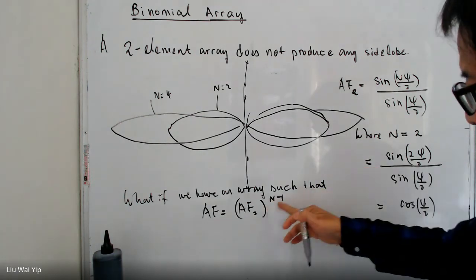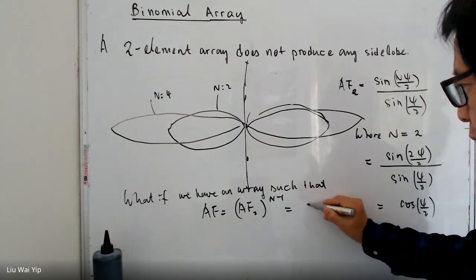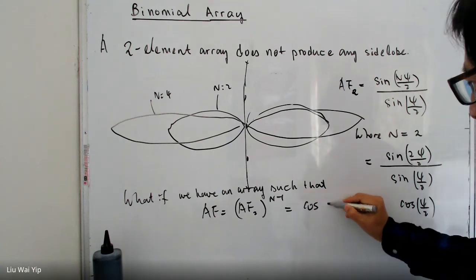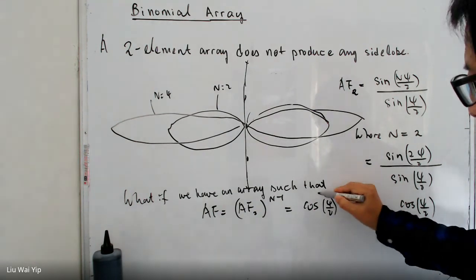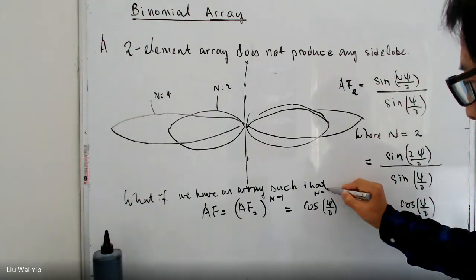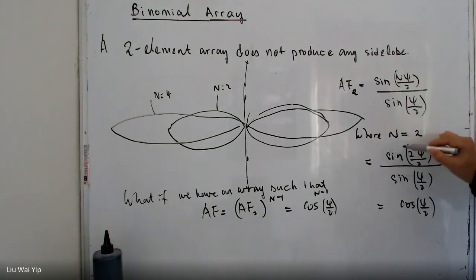So now you may wonder, if this one is like this, then what we end up with here is going to be cosine of psi divided by 2, to the power n minus 1. And by the way, we have a 2 here, so there should be 2 here.